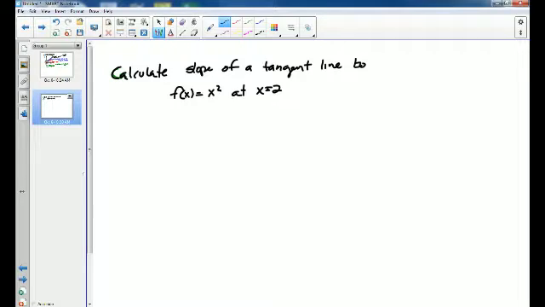Every time you do one of these, I recommend you write the formula down. It's called memorization, right? So the limit, h approaches 0, f of x plus h minus f of x over h. Write it down every time. Okay, and I guarantee you'll have it memorized without even trying.